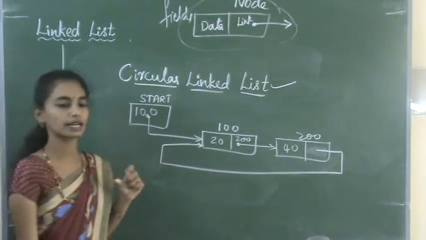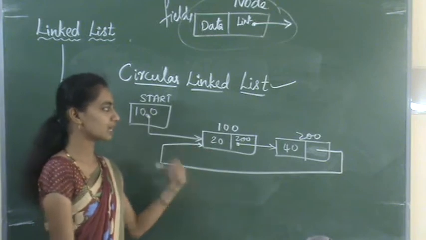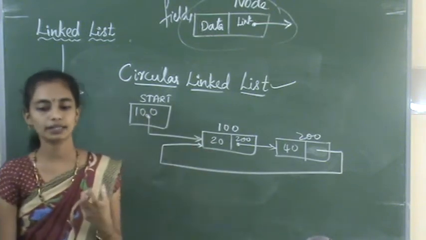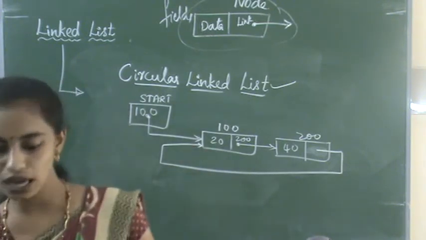That address is connected to the first node, so we call it a circular linked list.